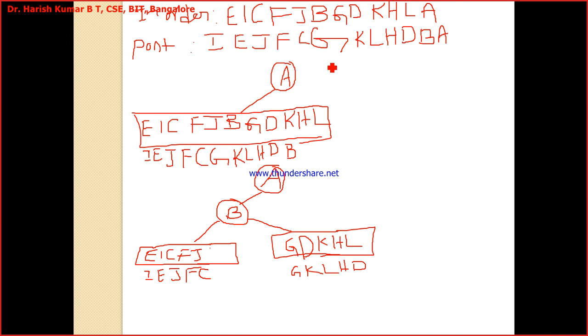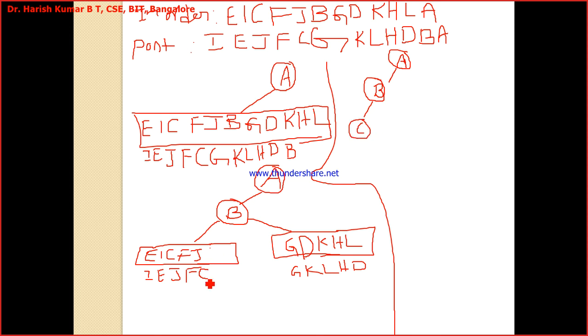Yes, sir. Now from this, we came to know that the left child of B is C, and the right child of B is D. So now my updated tree is A, and then B, and here I have C, because the last node in the postorder traversal is the root node.